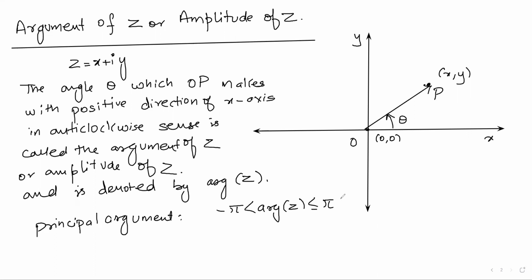So whenever we find this argument, it should lie between minus pi and pi. Otherwise, there will be infinite angles. So we will just find the angle which lies between minus pi and pi. Just note this, and in the question, I will again explain the meaning of this.